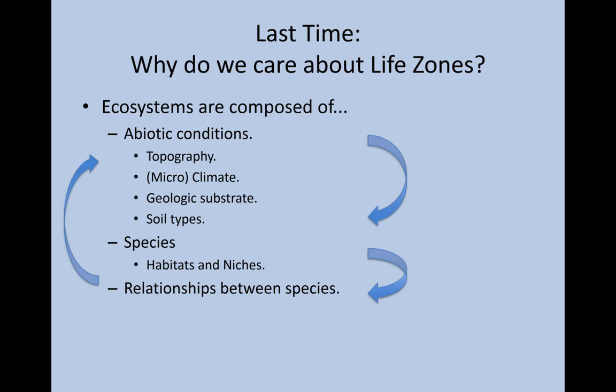Now, in our last lecture, I gave you a couple of slides that look a little bit more closely at the relationship between biogeography in general and this concept of life zones. As you'll recall, we've defined ecosystems as bringing together a number of different factors, whether those are abiotic conditions or the particular species living in their habitats and niches, or the relationships between those species.